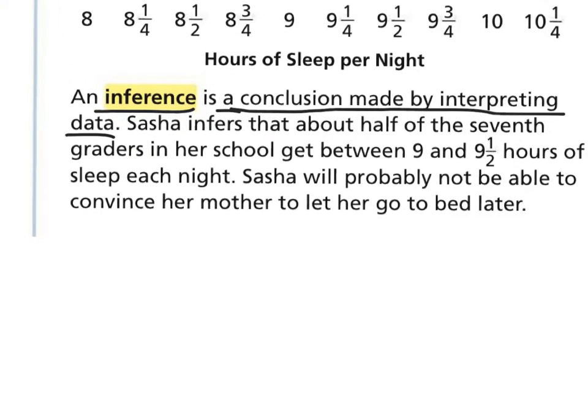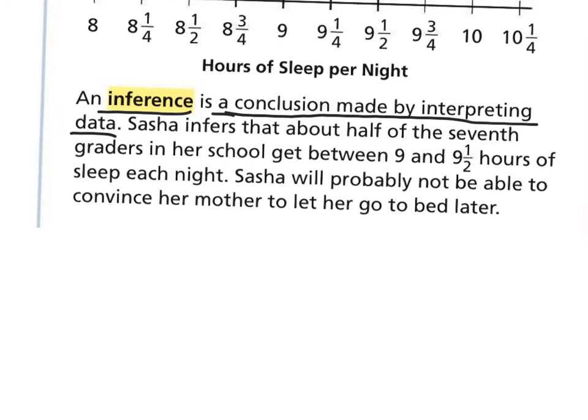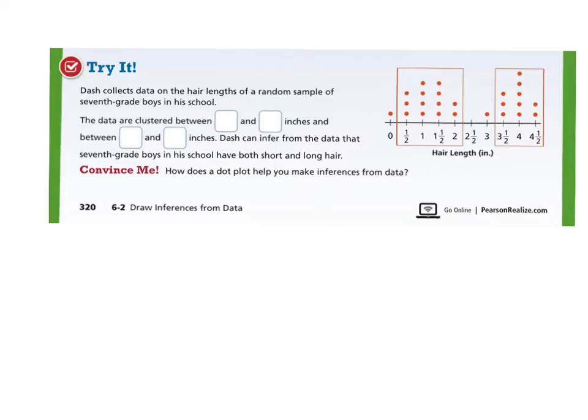An inference is a conclusion made by interpreting the data. So Sasha can infer that about half of the 7th graders in her school get between 9 and 9.5 hours of sleep. So she will probably not be able to convince her mother to let her go to bed later.